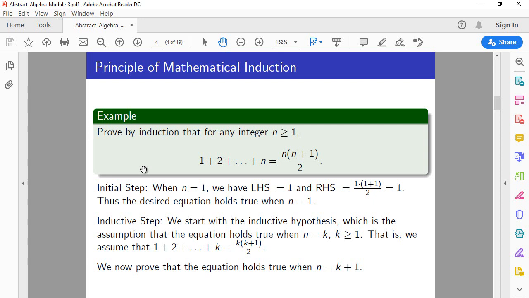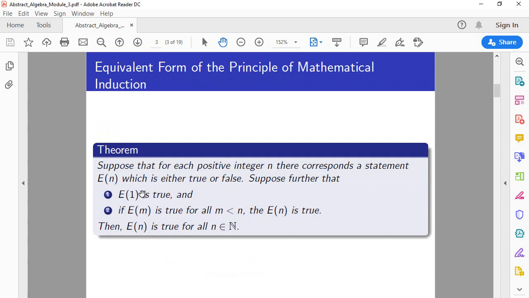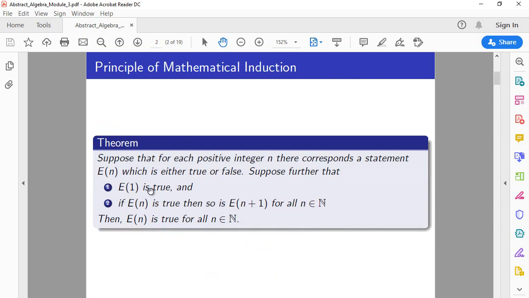Induction proofs always have two steps: the initial step and the inductive step. Proving number one here is the initial step, and proving number two is the inductive step.